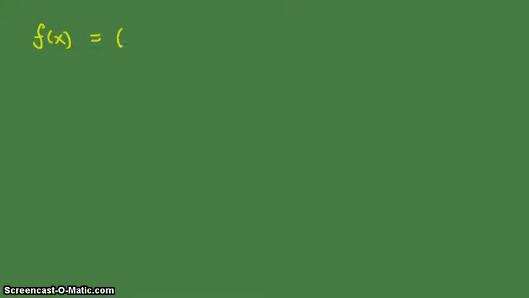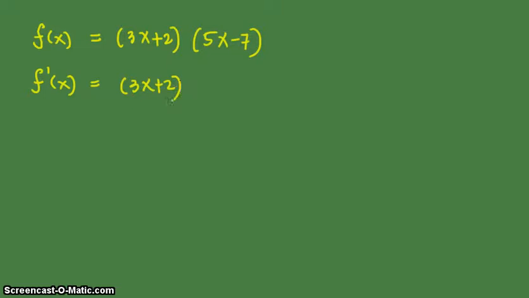Say f of x is equal to 3x plus 2 times 5x minus 7. So the derivative is equal to the u, so this is the u, you copy, and then differentiate the second factor, which is basically 5. Then add that to the second factor multiplied by the derivative of the first factor, which is 3.